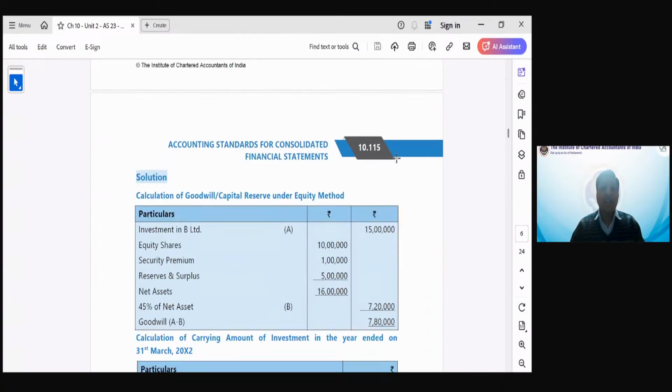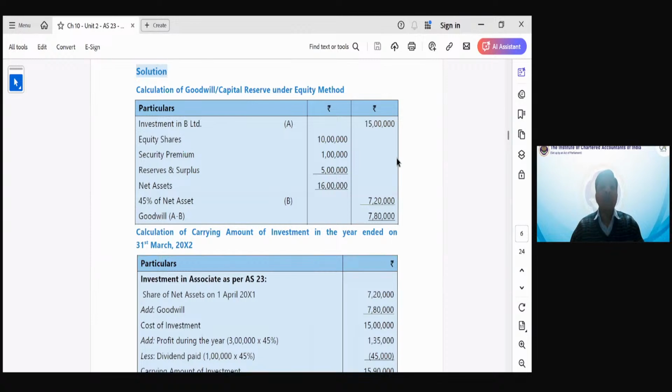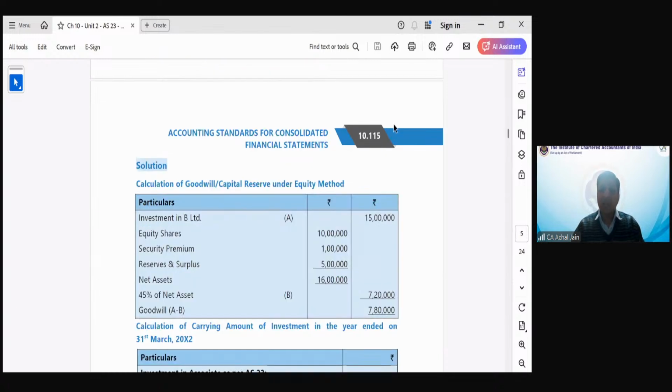On this particular date, what do we have? We have an investment in B Limited for which amount paid is 15 lakhs. Yes or no? Now, as against this amount, some of the net assets have been acquired.